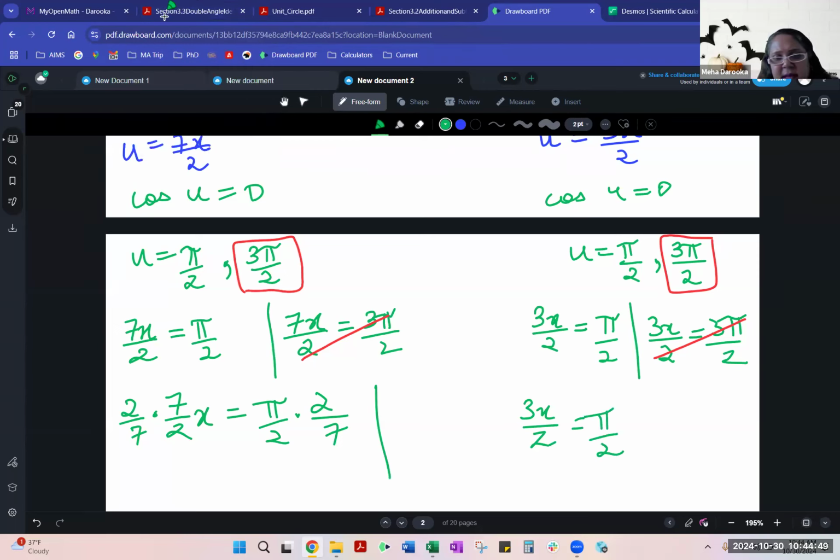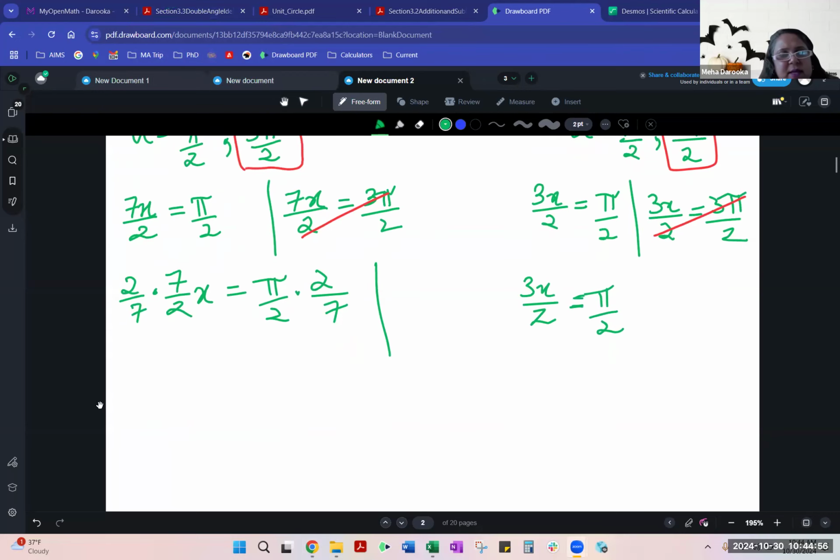So let's go ahead and clean this up. The left-hand side will just end up becoming x, and on the right-hand side the 2 and 2 cancel out, leaving us with pi over 7.